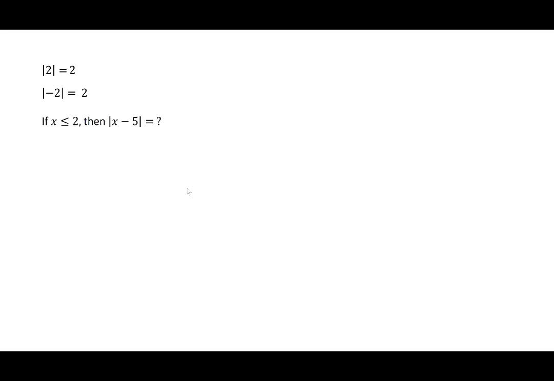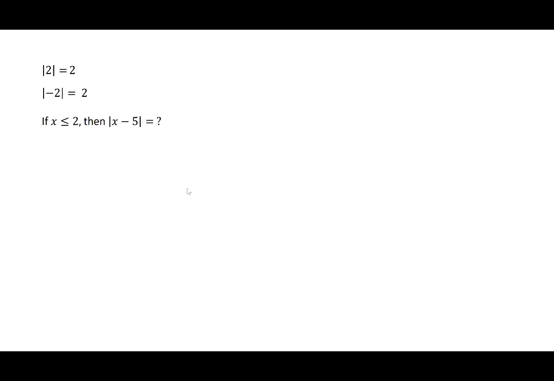In those cases, what happens to absolute value of x minus 5? That's the question. The distance on the real number line from 0 to... no, that method doesn't work, right?